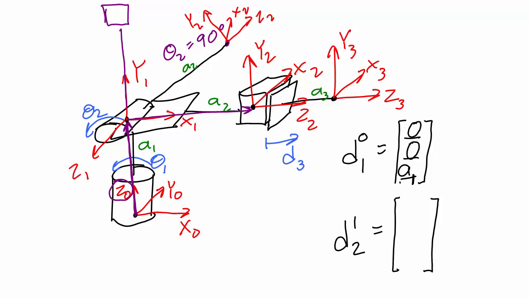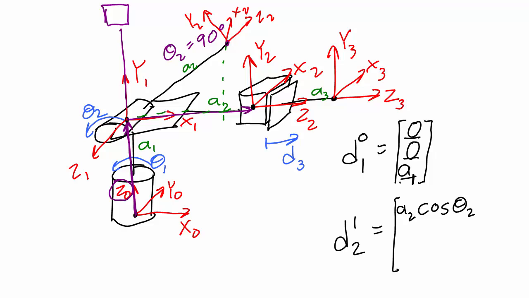But what will be the displacement in the X direction and the displacement in the Y direction? The displacement in the X direction will be equal to the hypotenuse of the triangle, which is A2, times the cosine of whatever value theta 2 has.